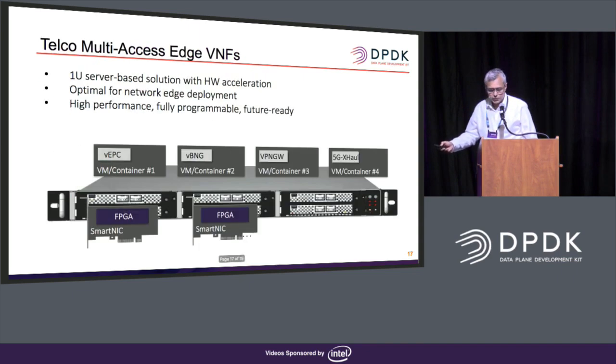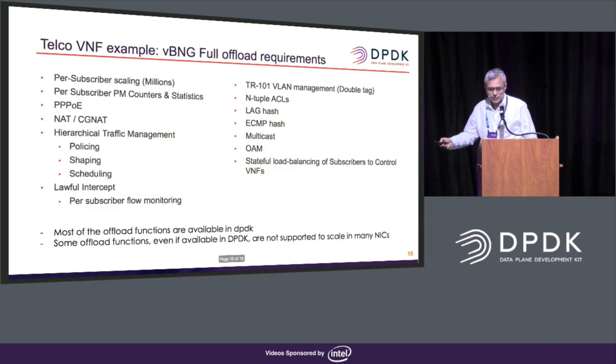Now let me go back to a couple of slides. So with this background, if you look at the BNG requirements, we have categorized the requirements into two. The ones on the left are the per subscriber scaling requirements.